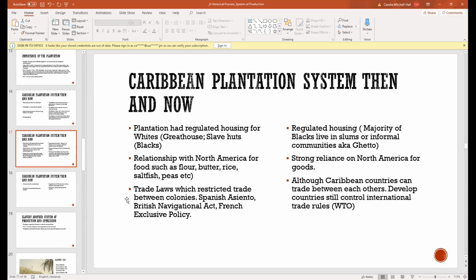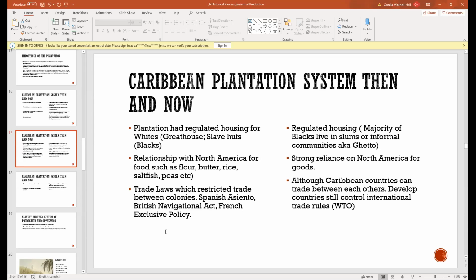Another thing with the plantation is that it operated in a space where there was restricted trade. So they could not trade between each other. The French had an exclusive policy that said you only trade with French colonies.